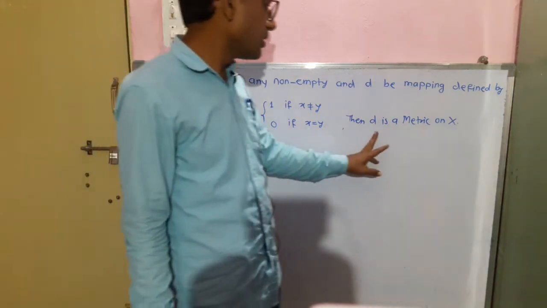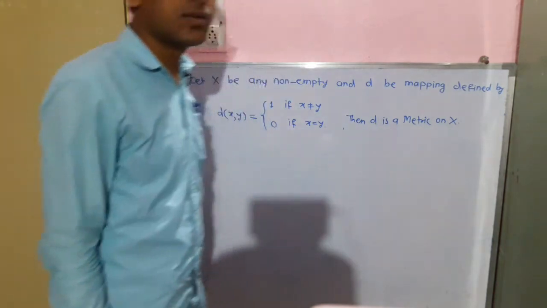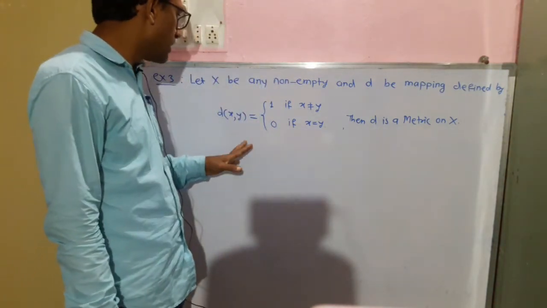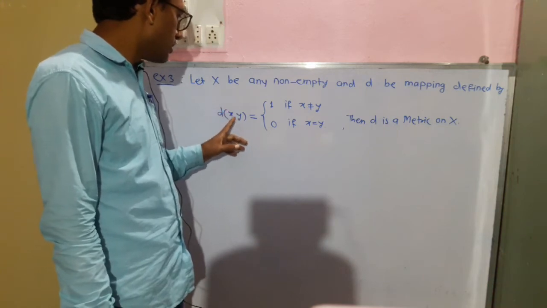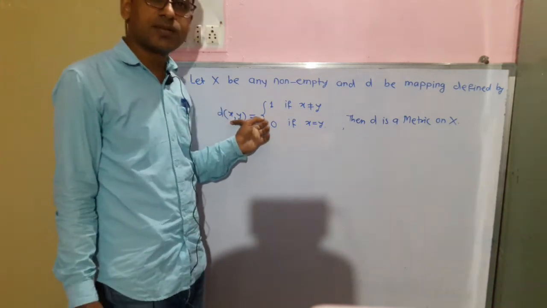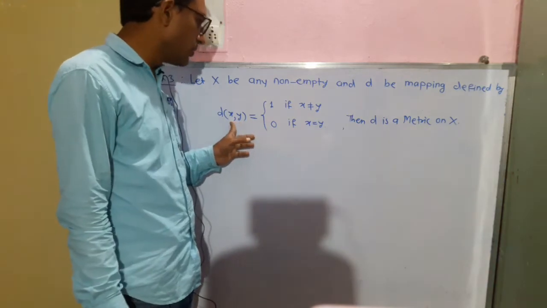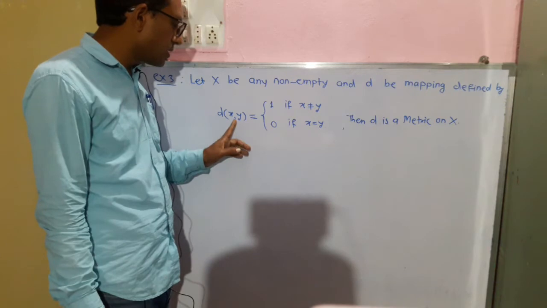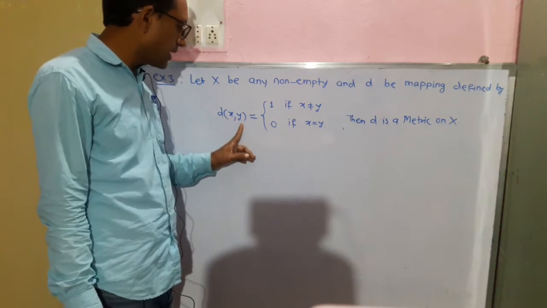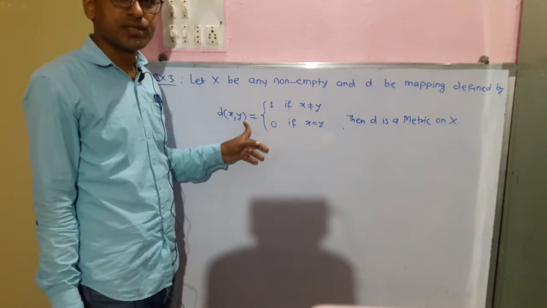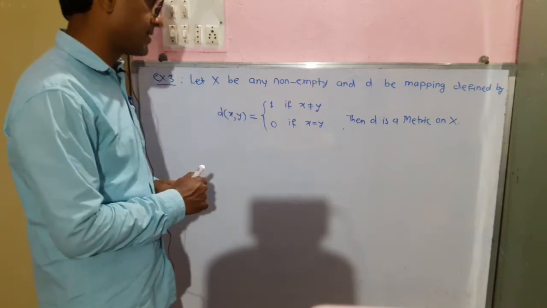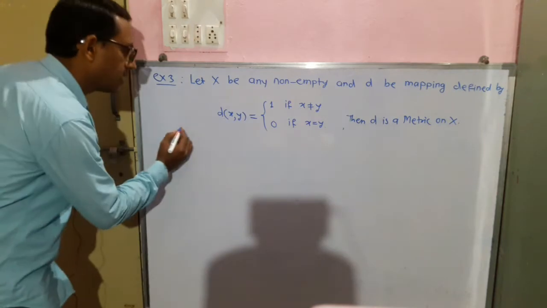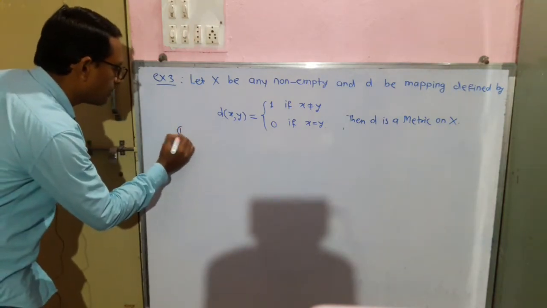So we have to prove that this function is a metric on X. We just have to verify the 4 conditions. By the definition of metric, we verify whether the 4 conditions are satisfied for this function, for the elements of X. So we verify these 4 properties one by one.